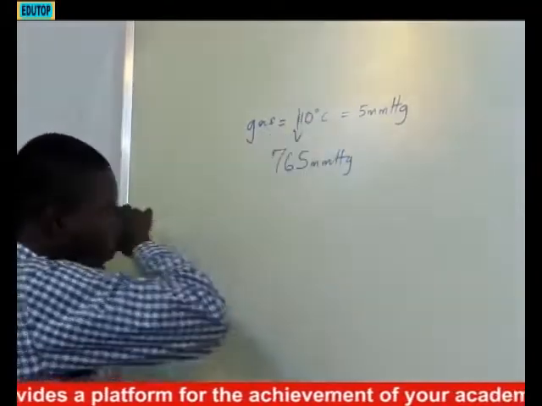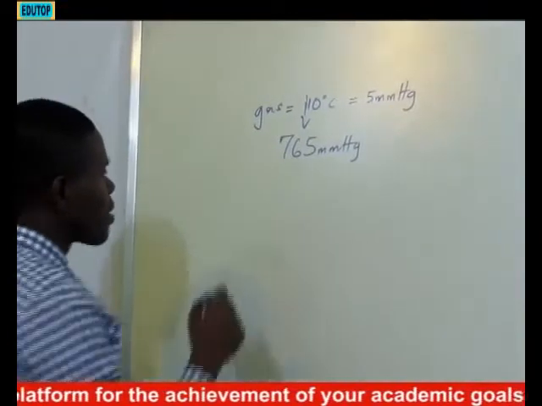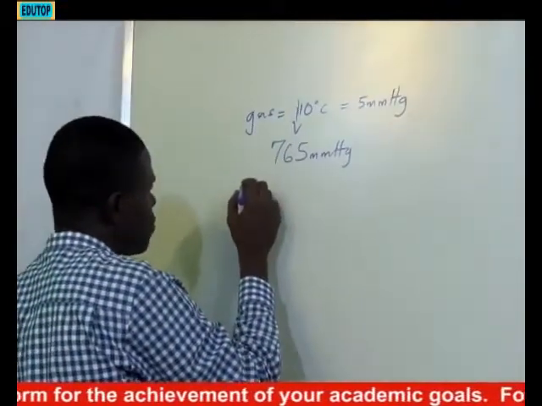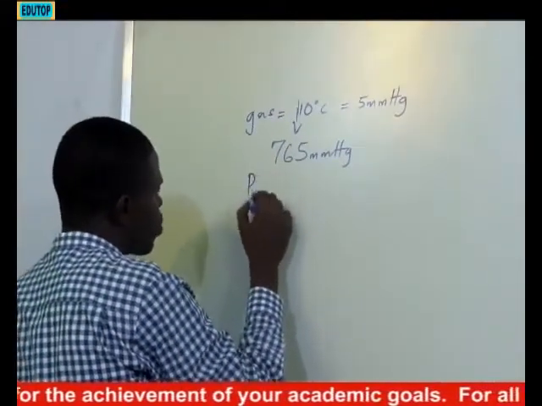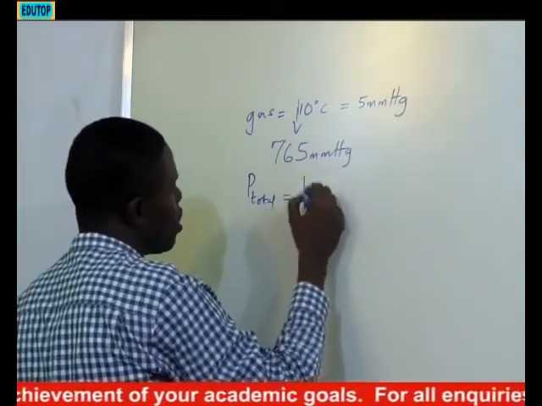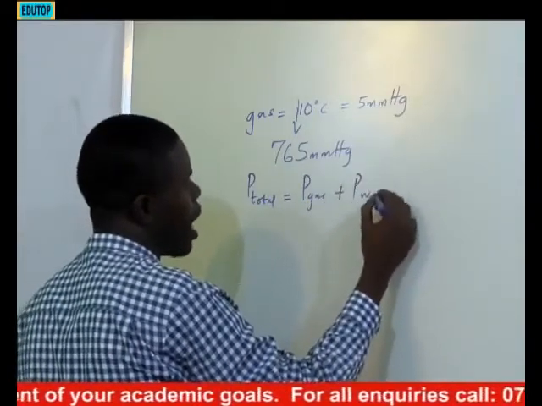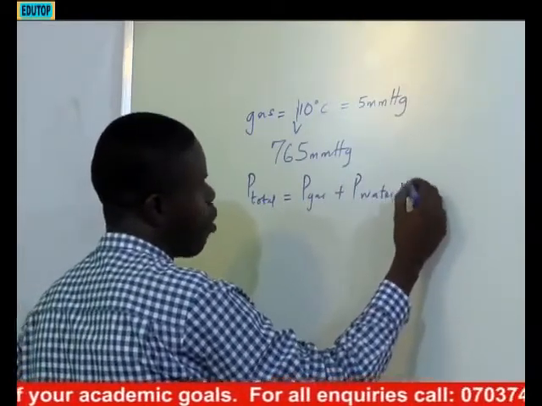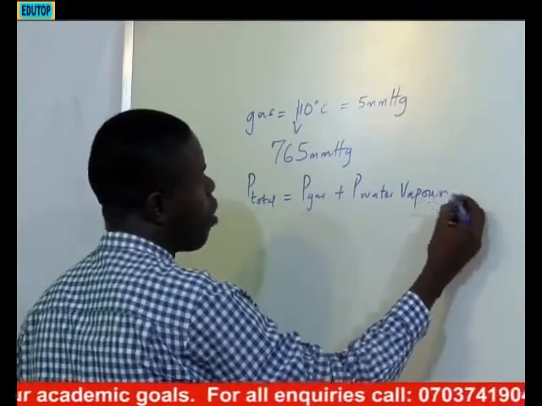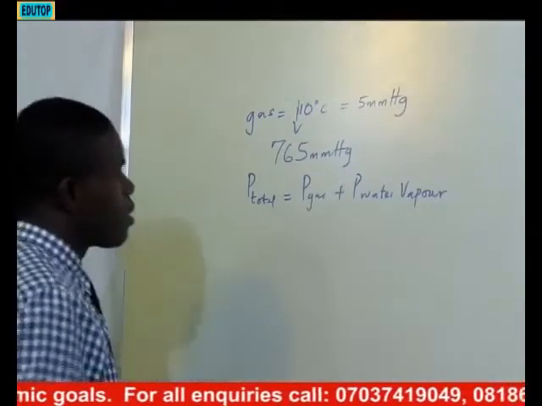So if you want to know the actual pressure of this gas, it will definitely be: total pressure equals P gas plus P water vapor. That's one of the equations connecting these parameters.